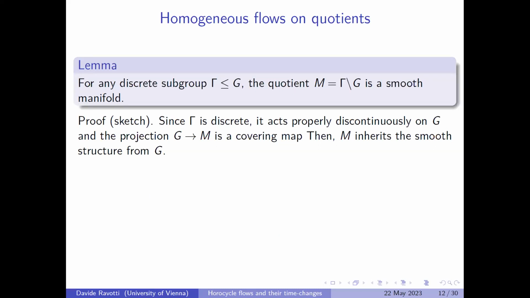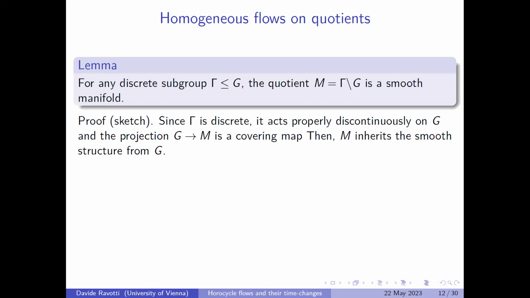We take discrete subgroups of G. And it turns out that the quotient of G by a discrete subgroup, and I will take the quotient on the left, which I will denote by M, has elements which are left cosets, so objects of the form gamma times an element of my group. So this algebraic quotient turns out to be a smooth manifold. So it's a nice geometric object.